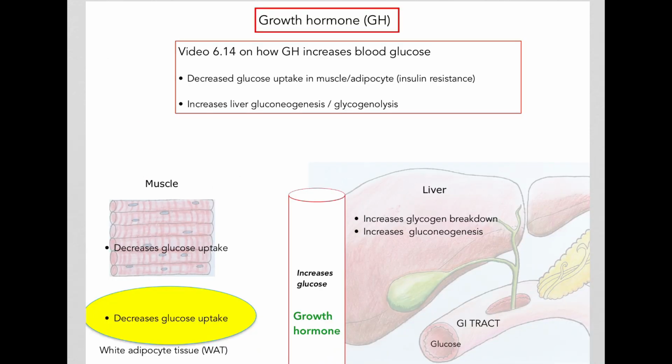Yet another hormone that we discussed in video 6.14 that affects glucose metabolism is growth hormone. So we saw in video 6.14, growth hormone increases your blood glucose. Okay, so once again, growth hormone increases blood glucose.